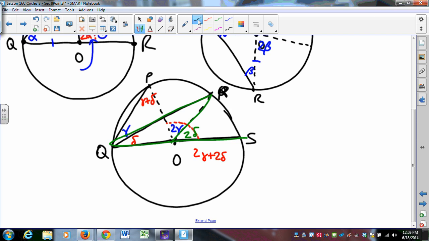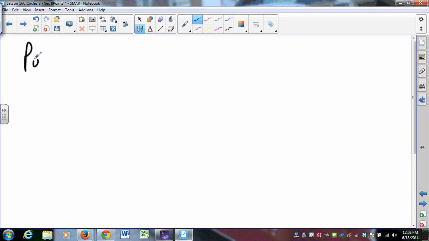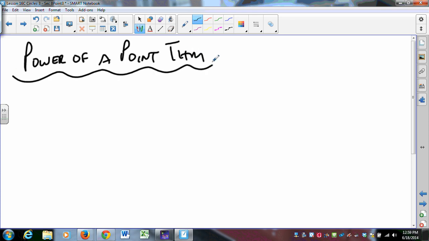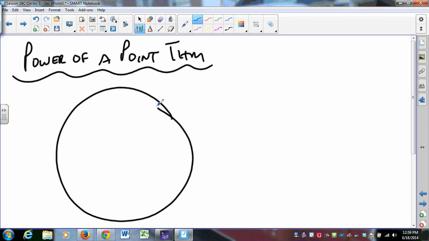The other big theorem that we're going to take a look at is the so-called power of a point theorem. I take any circle, and any point that's outside the circle, or for that matter inside the circle, really doesn't matter. Any point that is not on the circle. Draw the line.